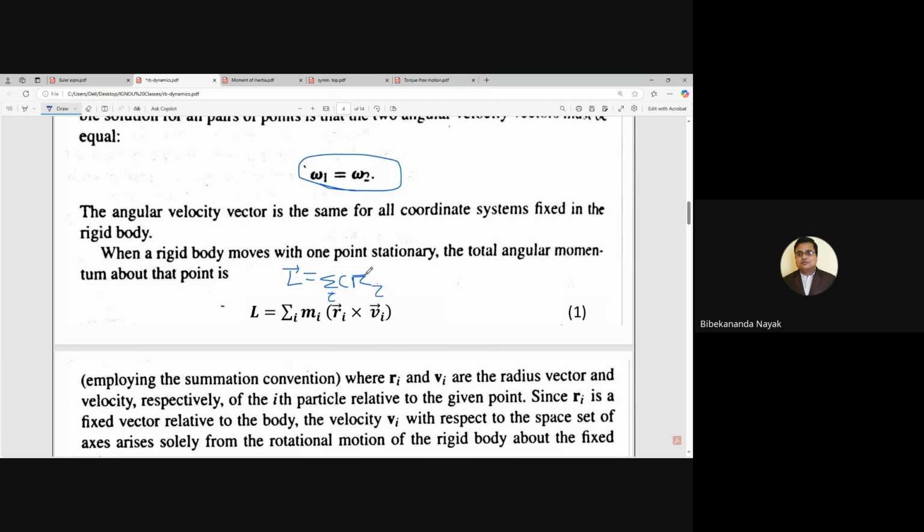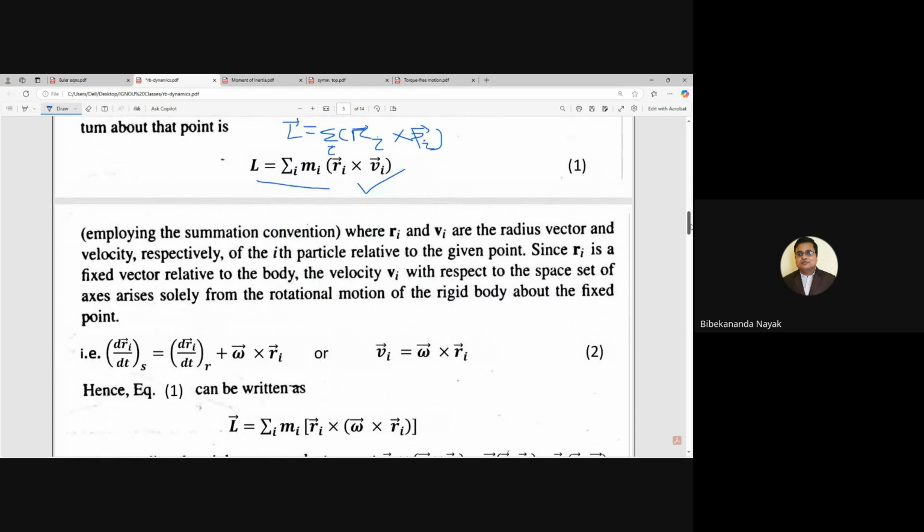But P is mass into velocity, mi vi, so I can write L is equal to the sum over i of mi Ri cross Vi. But we know from the last class that dRi by dt in the inertial frame is equal to dRi by dt in the rotating body frame plus omega cross Ri.